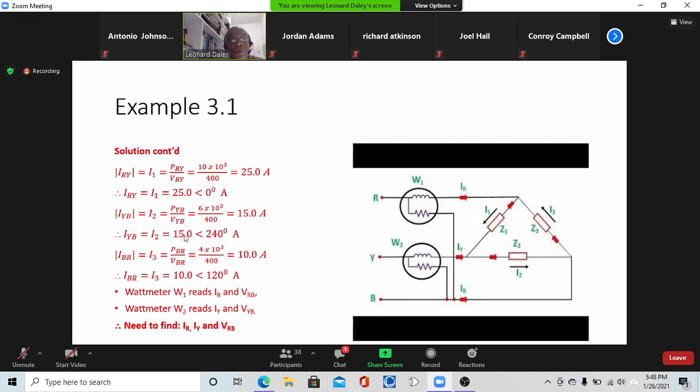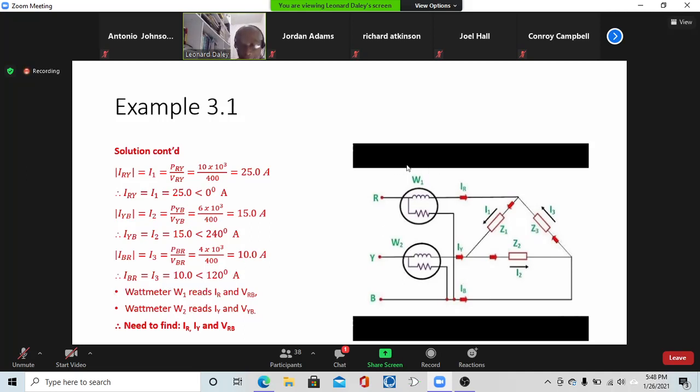So I2 is 15 at angle 240 degrees. Clear? Yes. And I3, similarly, we work out the same way: PBR divided by VBR, and that gives you 10 amps at angle 120 degrees.